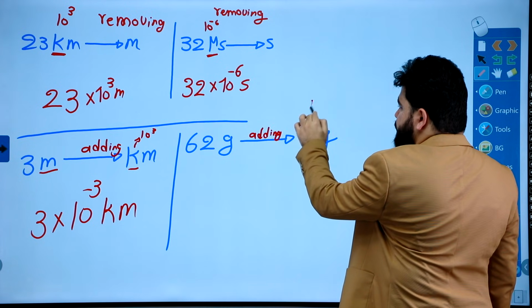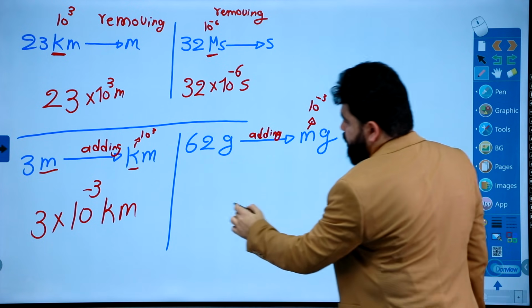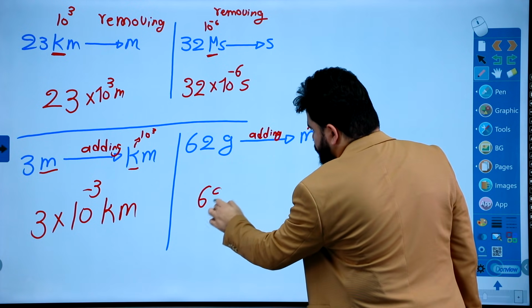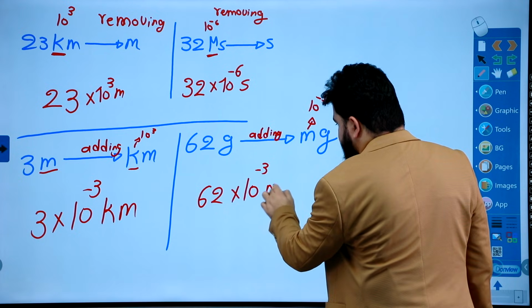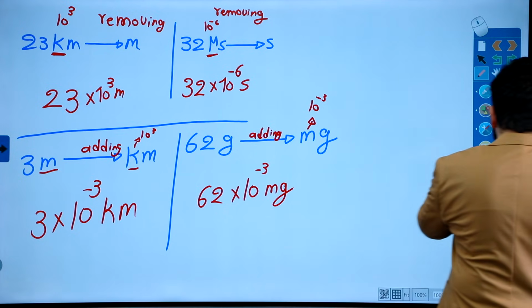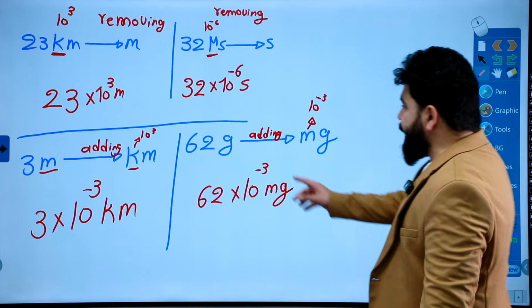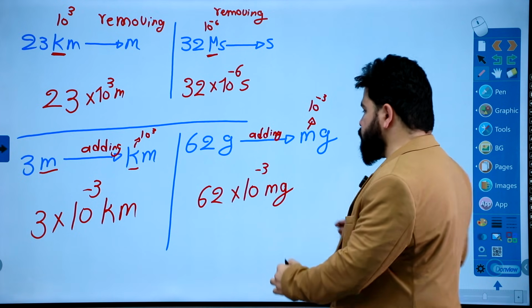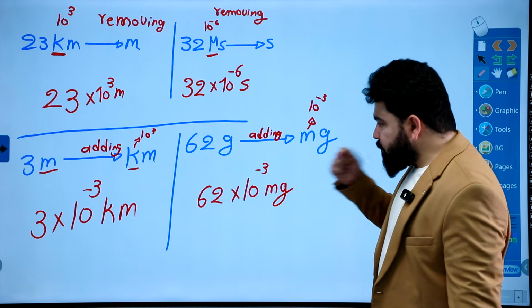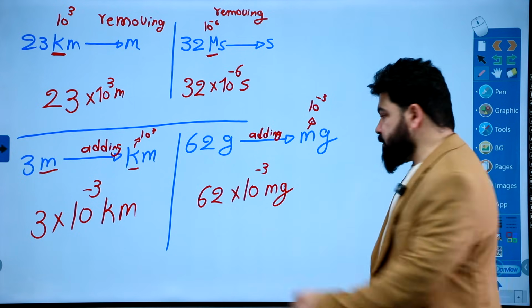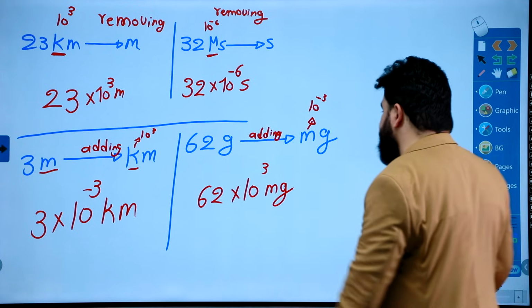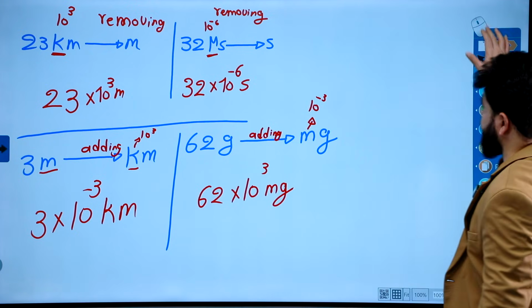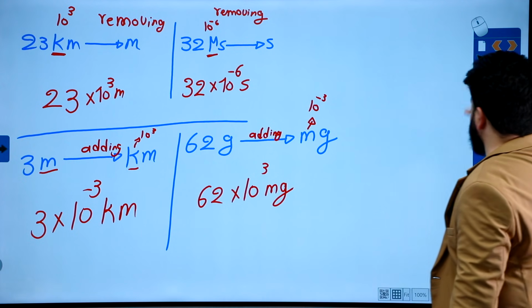Milli is how many? 10 to the power of negative 3. So this is going to be 62 times 10 to the power of negative 3 milligrams. But because you are adding the milli, you have to write the powers of 10 with the opposite sign. So this is going to be 62 times 10 to the power of 3 milligrams. So this is basically unit conversion.